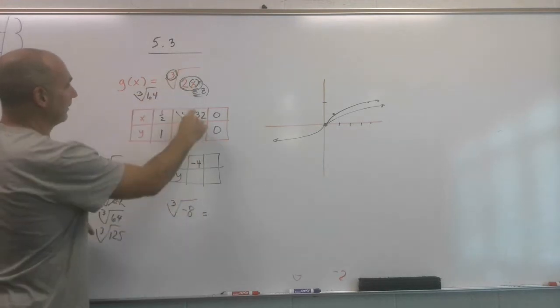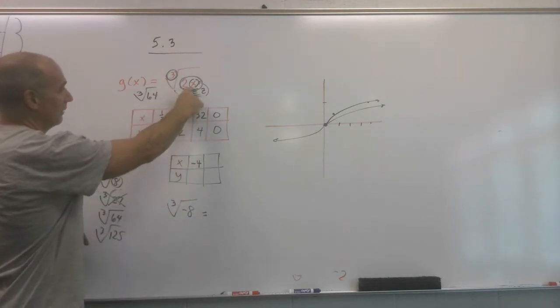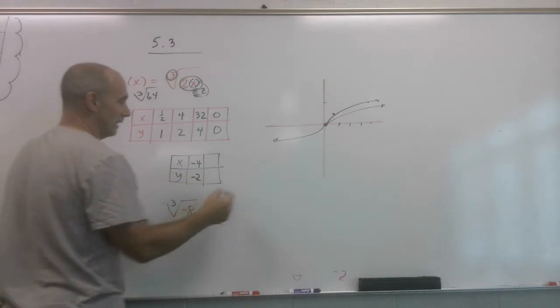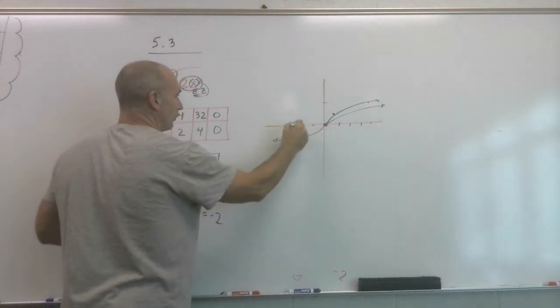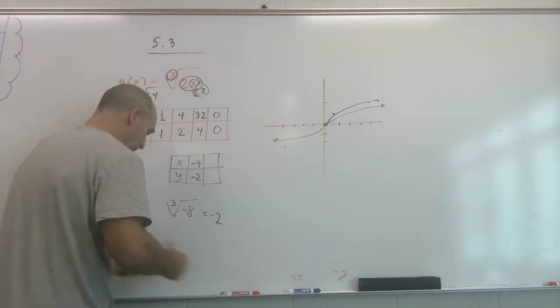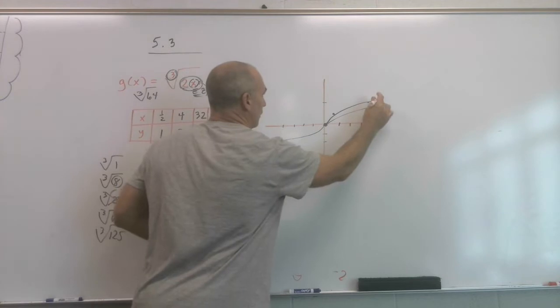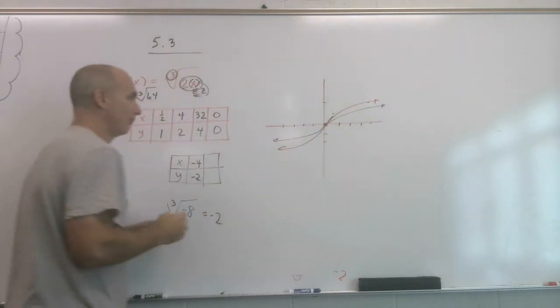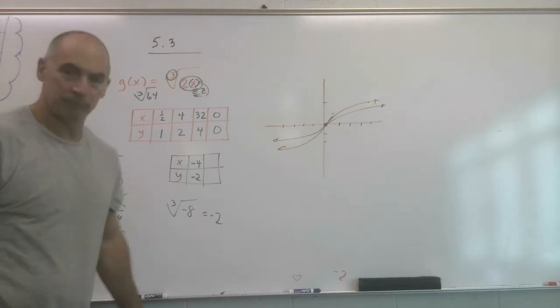Now, if I popped it in there, 2 times -4 is -8. The cubic root of -8 is -2. And so I plot that 1 point. 1, 2, 3, 4. 1, 2. So it'd be like that. As you can see, I'll make my final answer red. It'd be like that. Kind of cool looking.